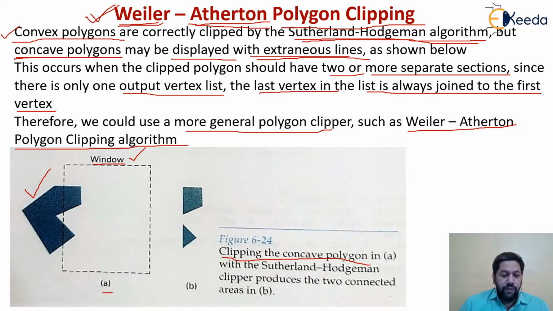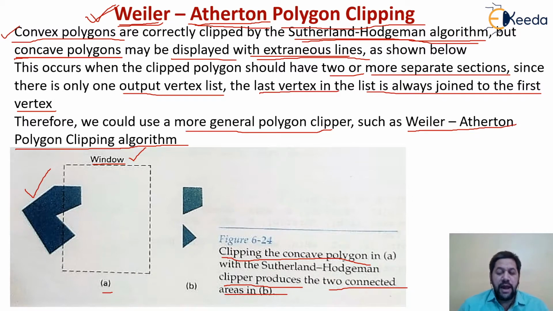Now when we clip this polygon considering this window using the Sutherland-Hodgman algorithm, the Sutherland-Hodgman clipper produces two connected areas in B, in the output. This is my concave polygon, and I want to clip it with the help of this window.